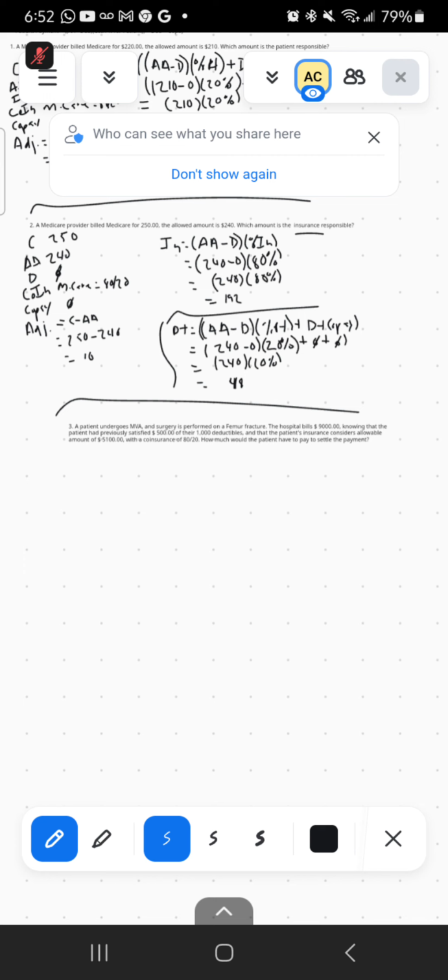You determine that it's a question that has to do with calculations. So you do charges, allowed amount, deductible, co-insurance, co-payment, and adjustments.